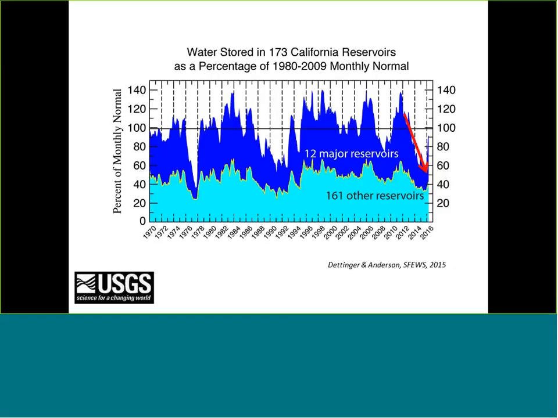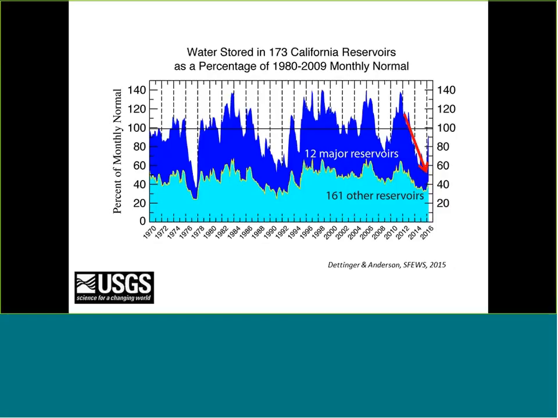But this is my best shot at a representative sample. And what's being mapped out here is each month, what is the percentage of water in that total amount of reservoirs compared to the long-term normal for that month of year. Okay, and you can see our drought there.